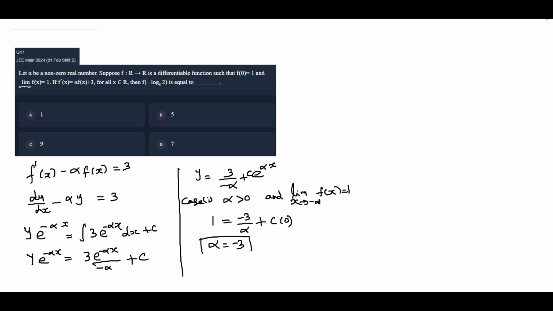So we don't know the value of c. Okay, so without c we couldn't find the function, so just reject this case. This case is rejected.